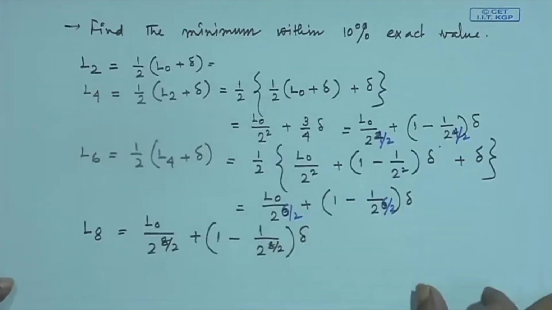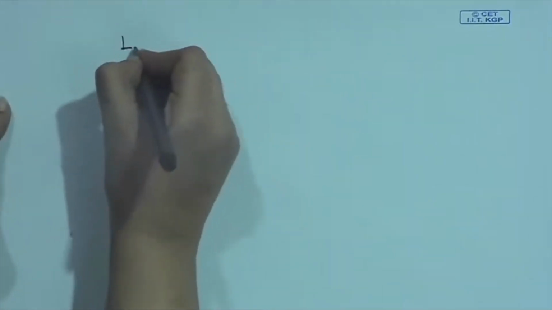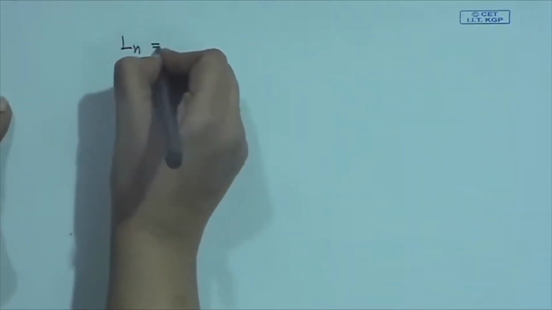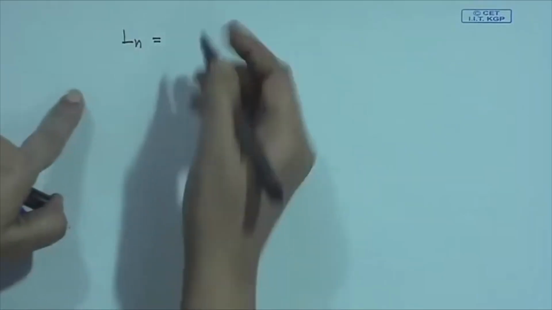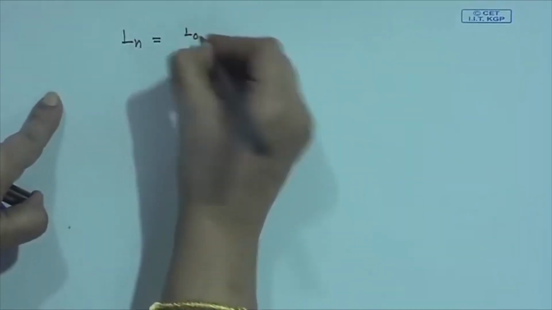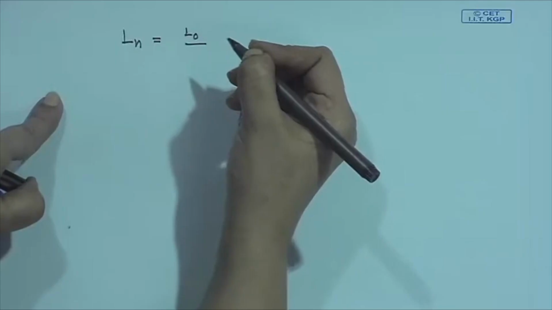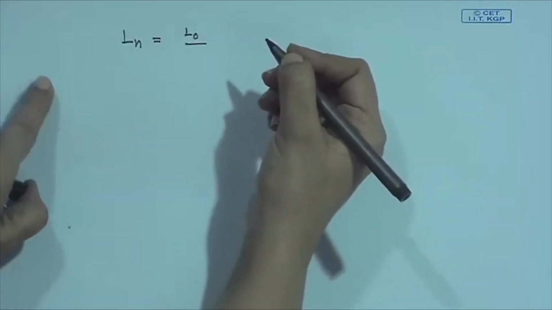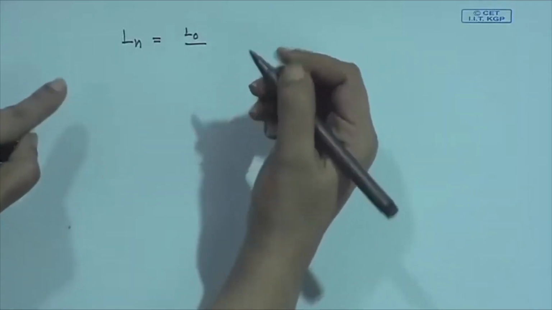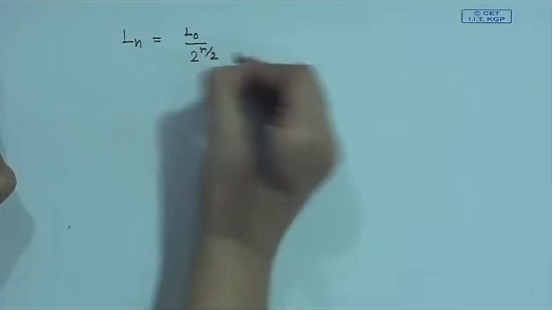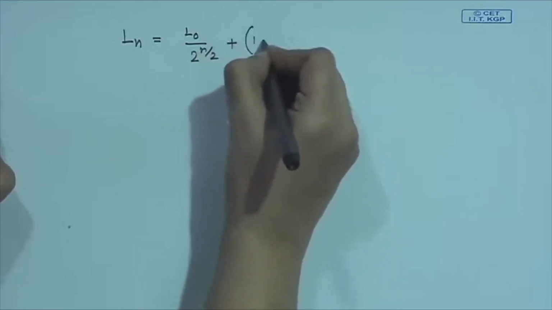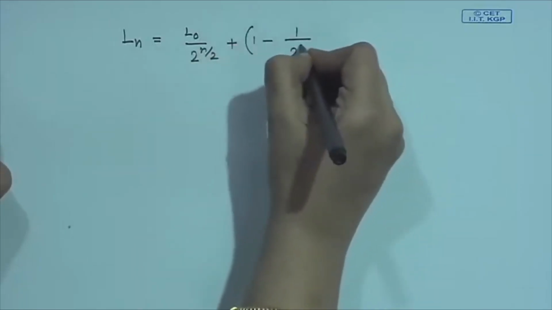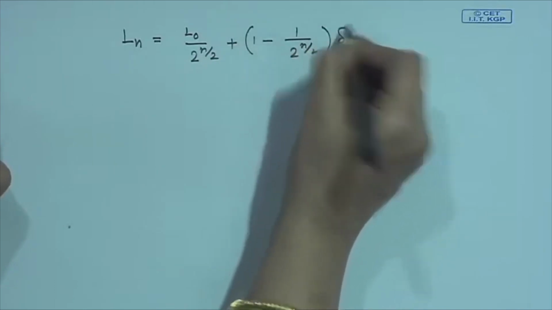So, after doing the nth experiment, where n is even, n cannot be odd, because at each experiment we are getting 2 points at a time, my interval of uncertainty would be L naught divided by 2 to the power n by 2 plus 1 minus 2 to the power n by 2 delta.